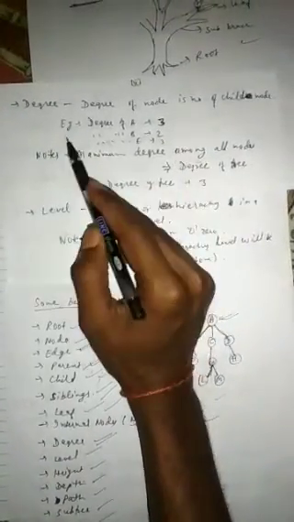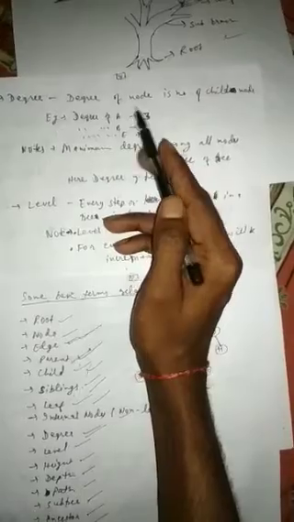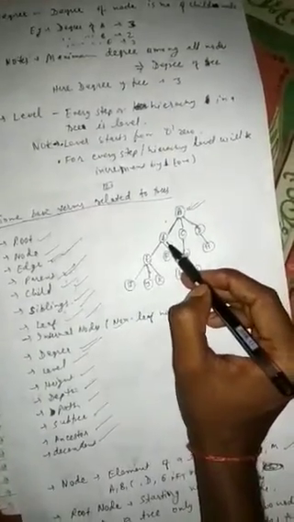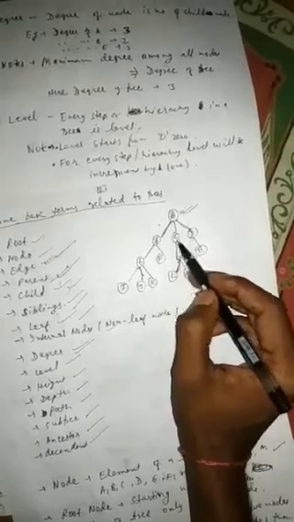The degree of a node is the number of child nodes. The degree of A: the children are B, C, D, so there are 3 children of A, and the degree of A is 3.